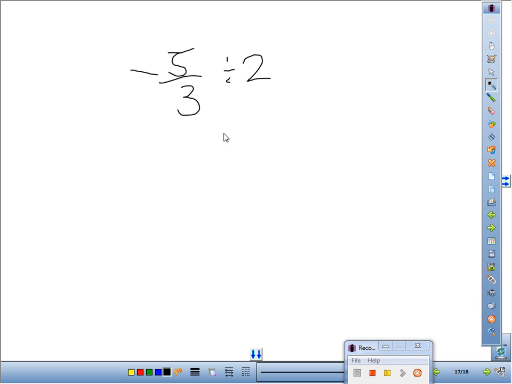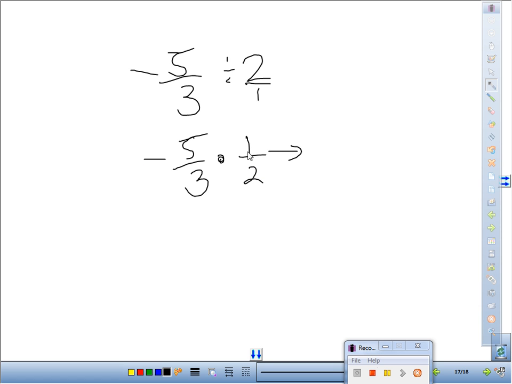Division, right? Okay, over 1 so far. Are you with me? Okay, negative 5 over 3. This becomes multiplication. The reciprocal is 1/2. Therefore, this is negative 5 over 6. Yes?